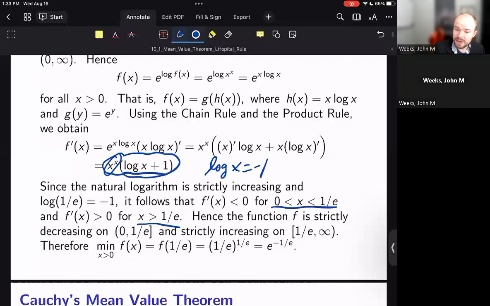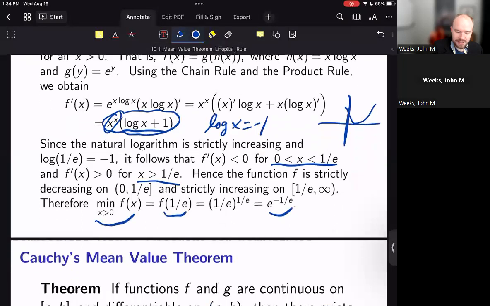Well, what is that going to tell me? The derivative is negative going toward the point, and positive going away from the point. The function is strictly decreasing coming to it, strictly increasing going away from it. Very much like our first derivative test. That tells us that we have a minimum of this function at f of 1 over e, which is going to be e to the negative 1 over e once simplified.